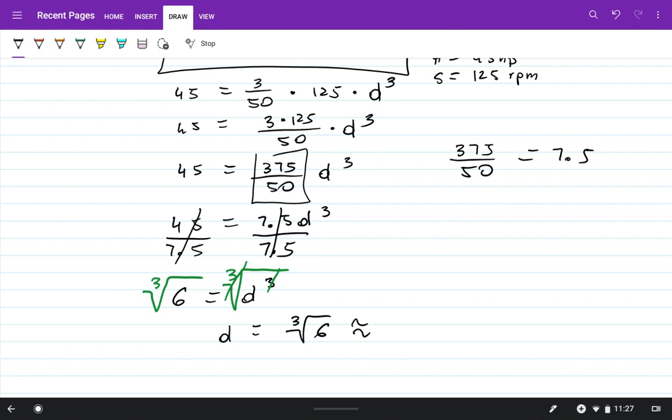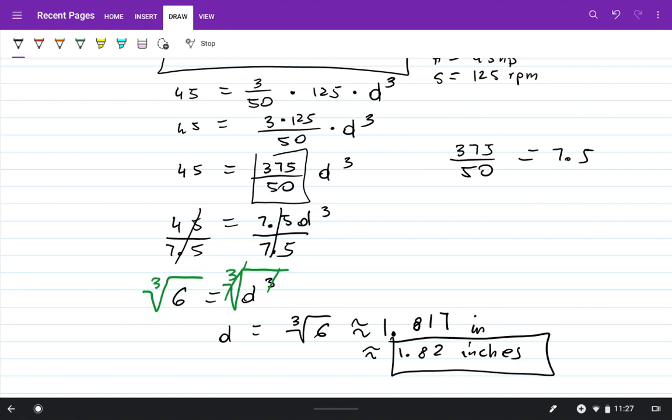So cube root of 6 is about 1.817 inches. Okay, so let's just round it to 1.82 inches. So the diameter is 1.82 inches.